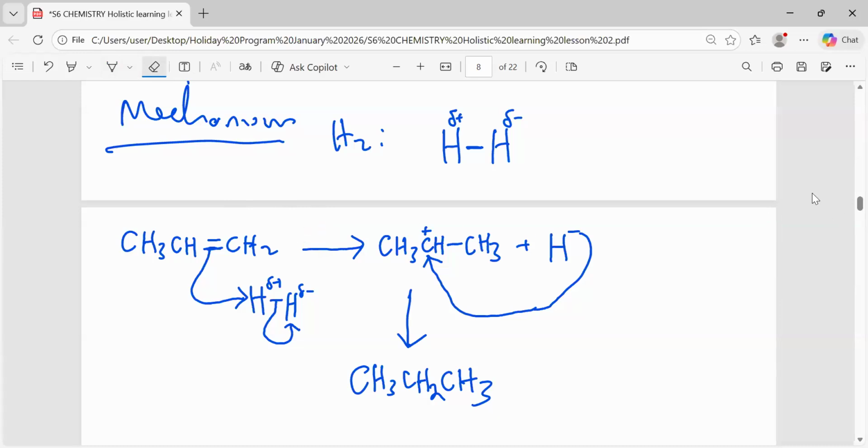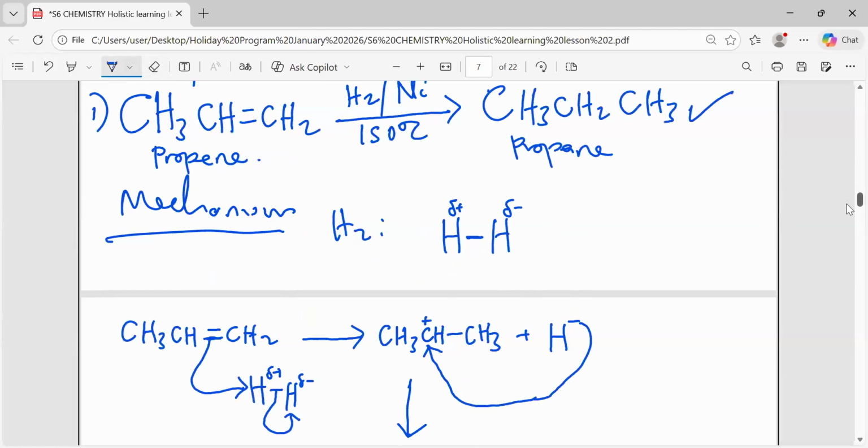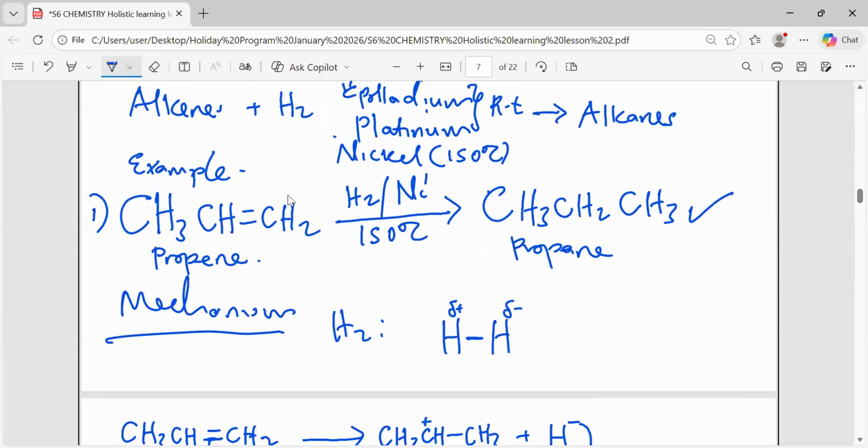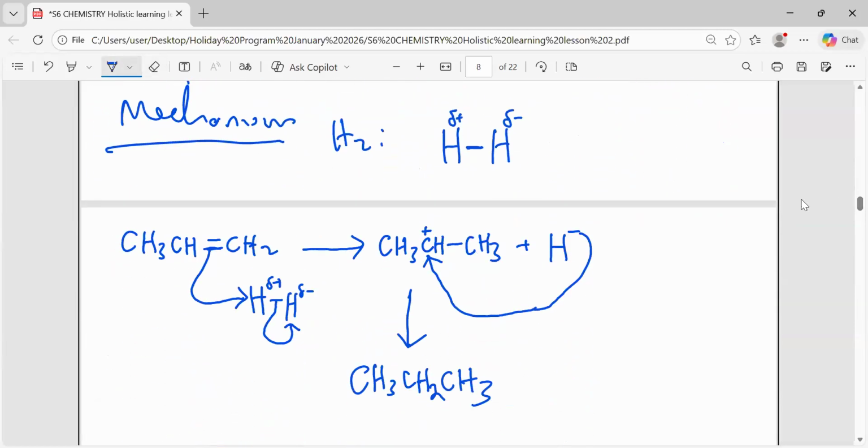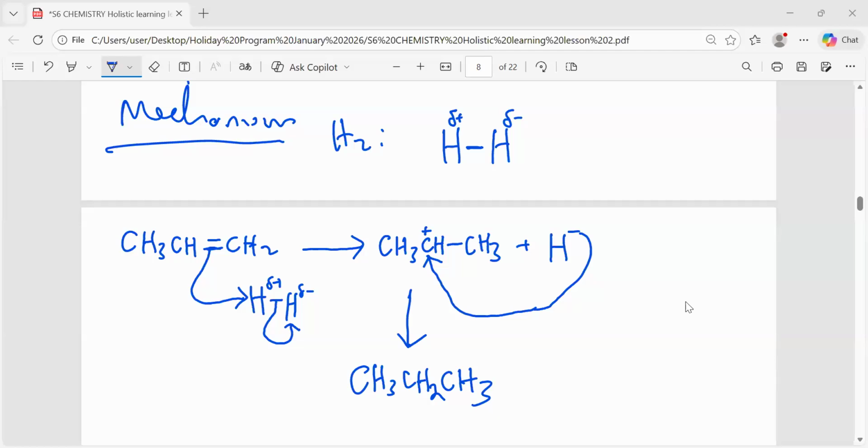Why? Because up here, you recall, you have already written your equation and you have shown that you have used the hydrogen in presence of nickel catalyst. So there's no need, when you come down here on mechanism, of showing that you have used the nickel. It is not necessary because it is a continuation from what you had up there. Okay, thank you. Welcome.